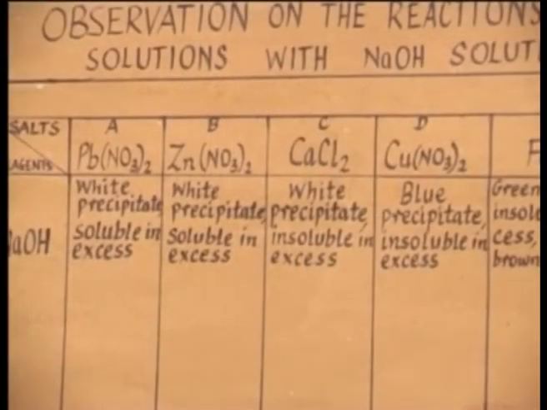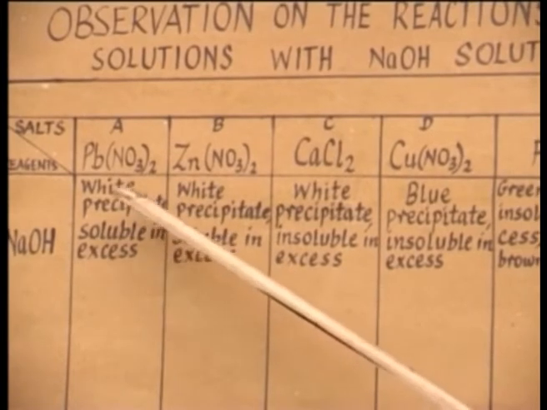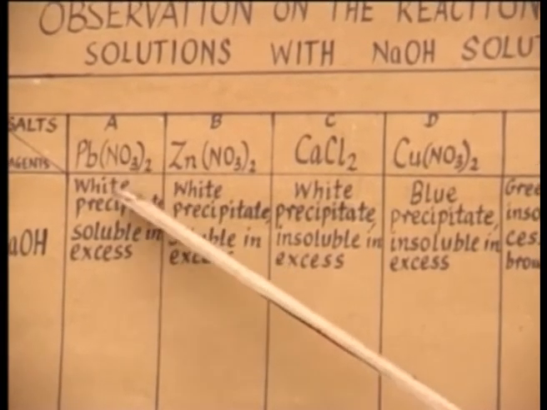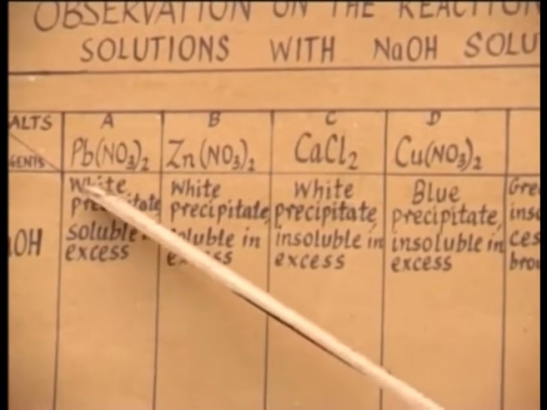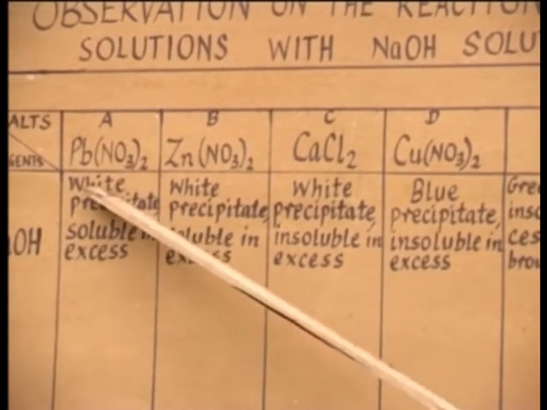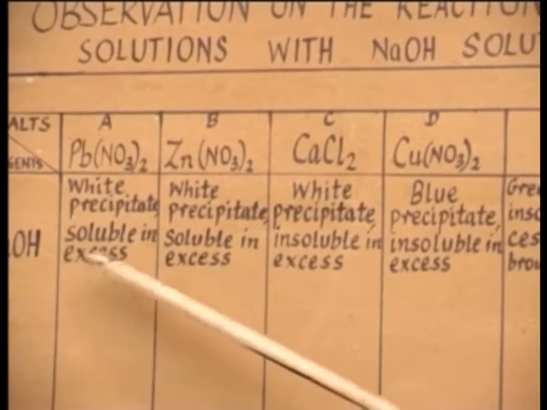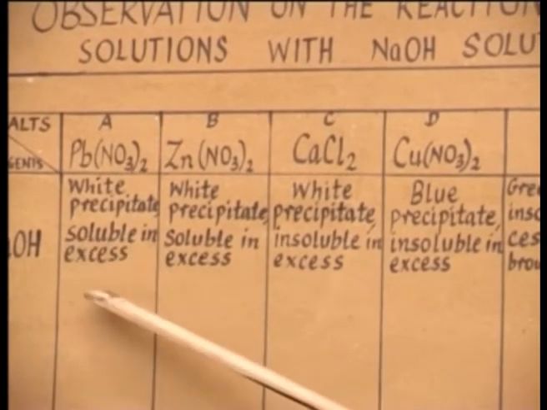When you use sodium hydroxide solution, lead nitrate in dropwise will form white precipitate and soluble in excess.